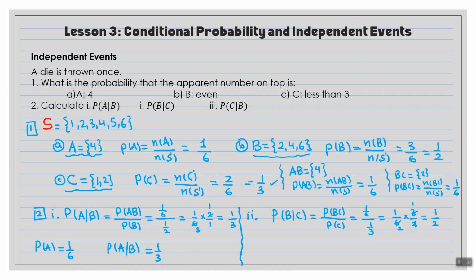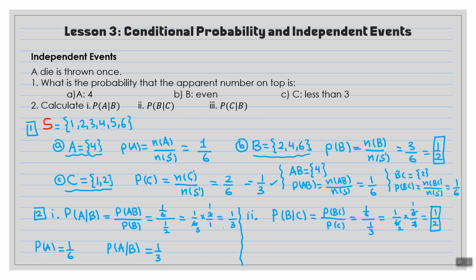So has the probability changed? Yes. No, it has not. Look, the probability of B normally is half. The probability of B with condition to C is still half. Nothing has changed. It's still the same probability.